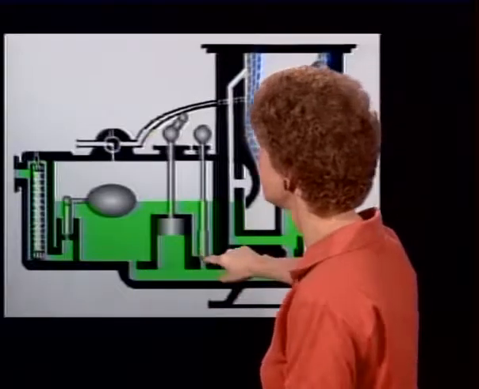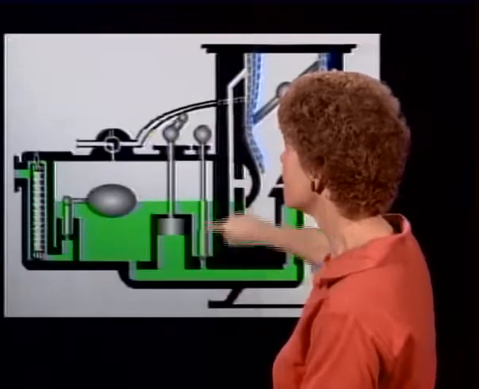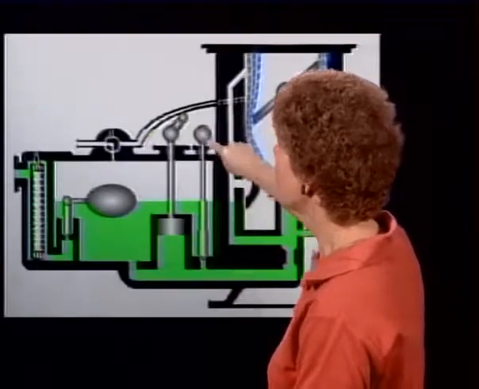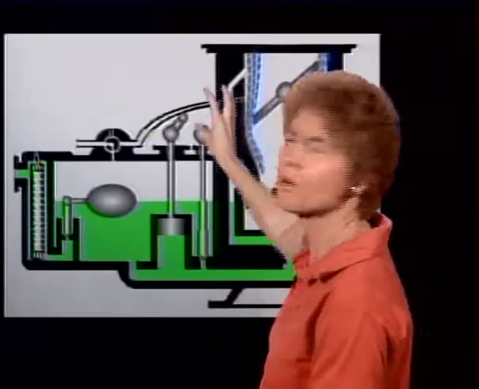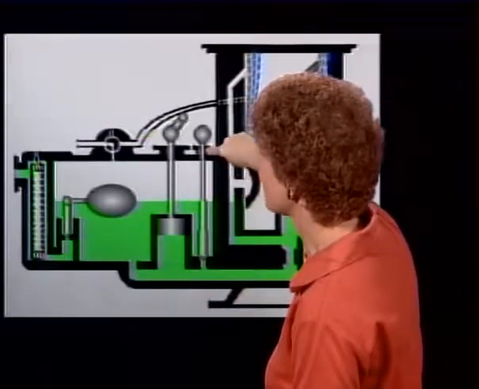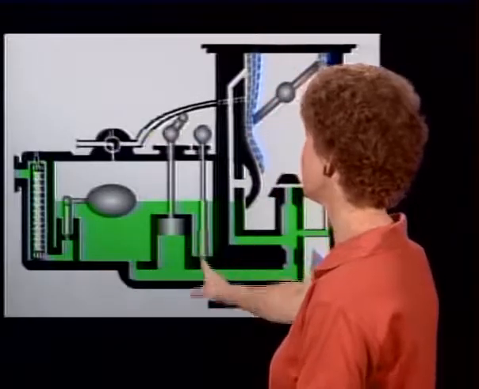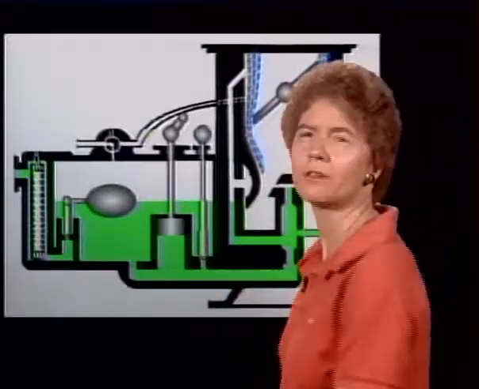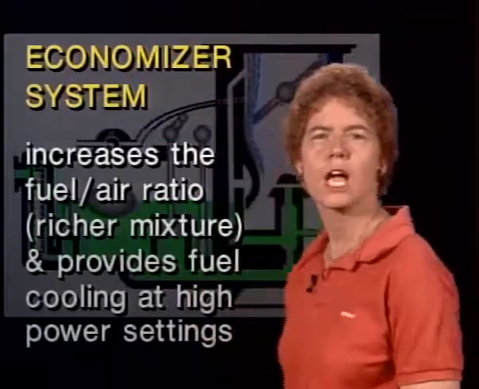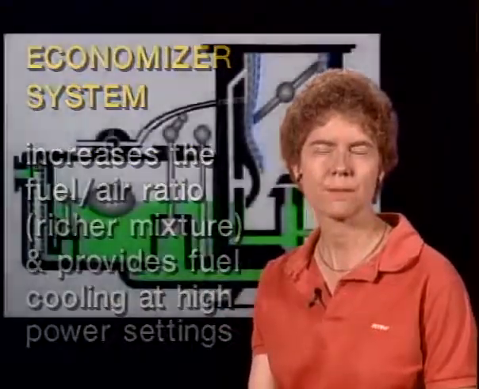The way it's done in this particular carburetor is that there's a needle valve here which is attached to the throttle, and when the throttle is forward for your high power settings, it pulls that needle valve up, allows additional fuel to flow out of the float chamber and to flow out the discharge nozzle. So the economizer system increases the fuel-air ratio and provides fuel cooling at higher power settings.